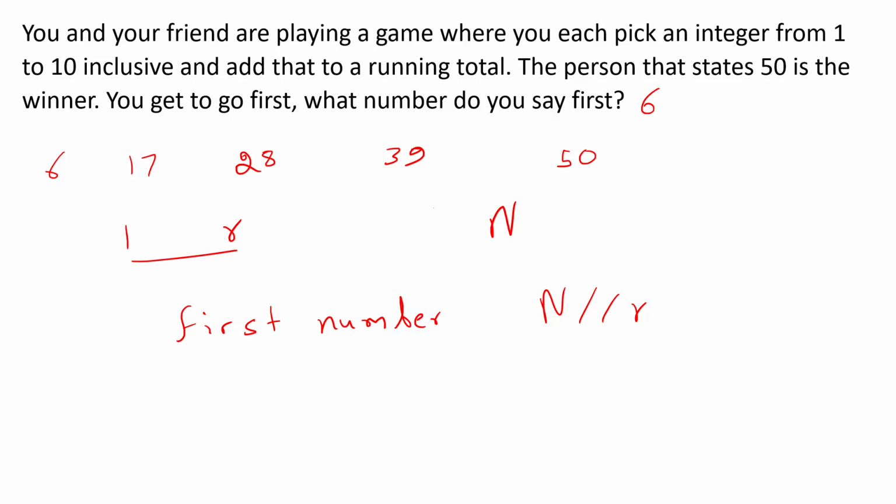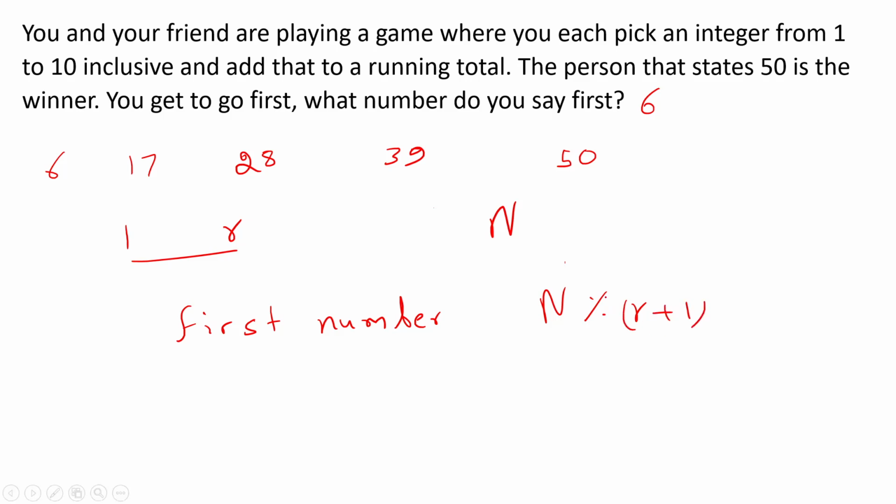I've forgotten how to write the remainder function in Python, so let me quickly Google that. It is the percentage sign, the modulo operator: n % (r+1). As long as you give this as the first number, you are done. Not r, sorry, r plus 1.